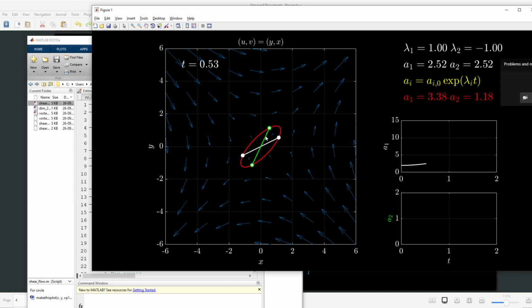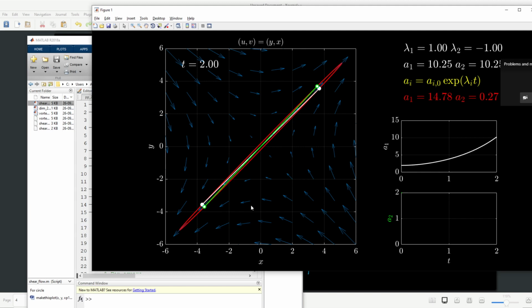So look at the principal axis. It's also rotating. Okay. Is it fine?